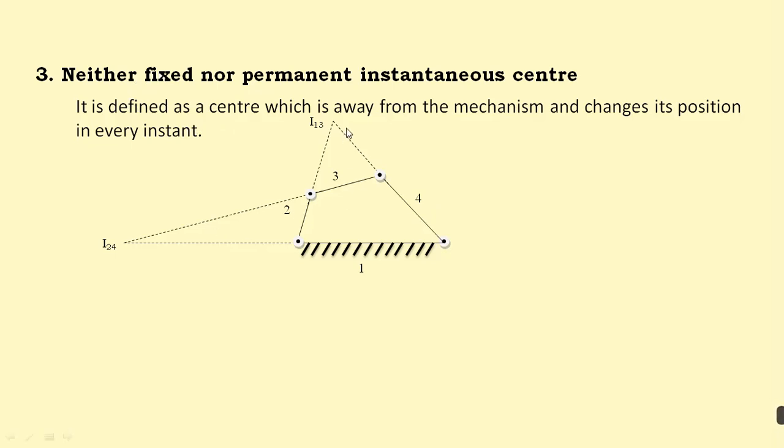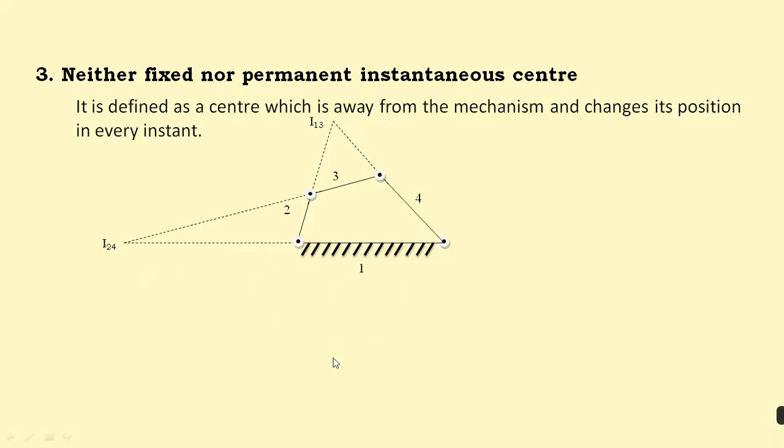These two centers are going to change their location, so they are not fixed. And these two centers are away from the mechanism. They are not on the joints, so that is why they are also not permanent. So these two centers can be considered as neither fixed nor permanent instantaneous centers.